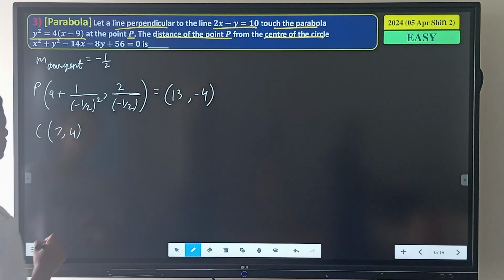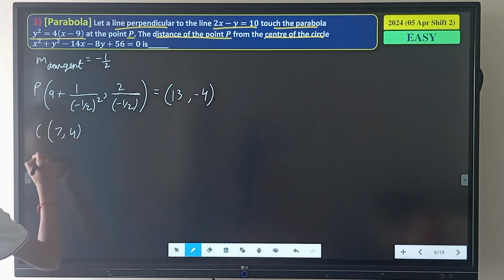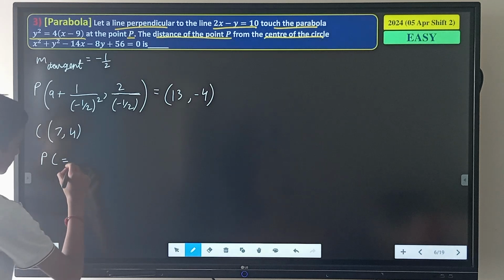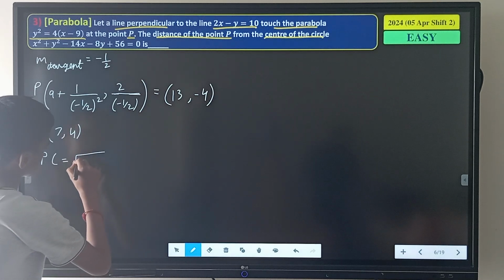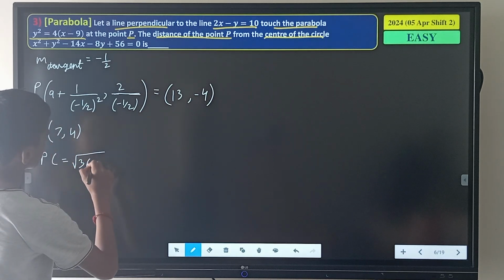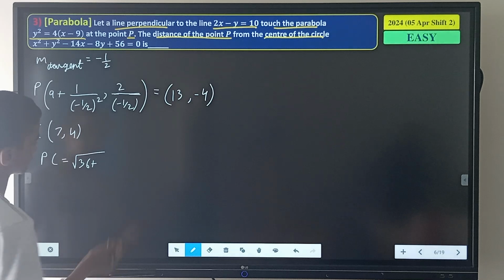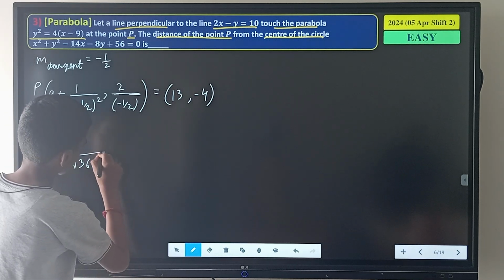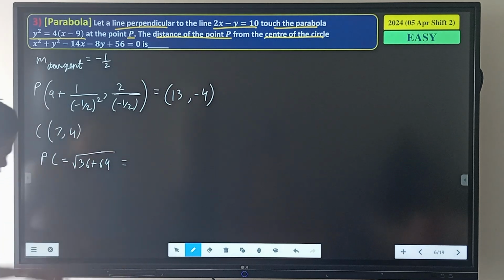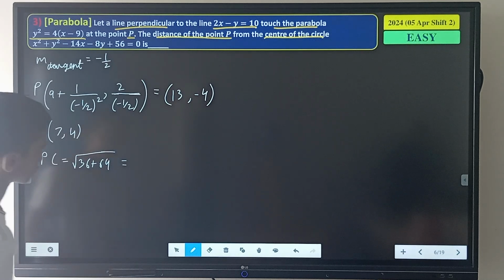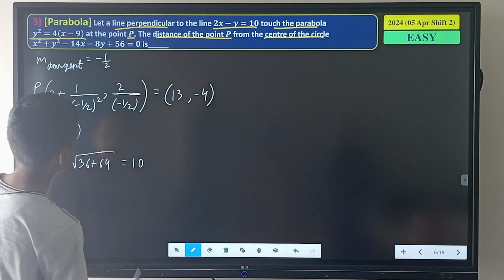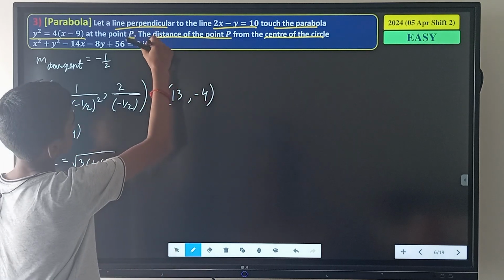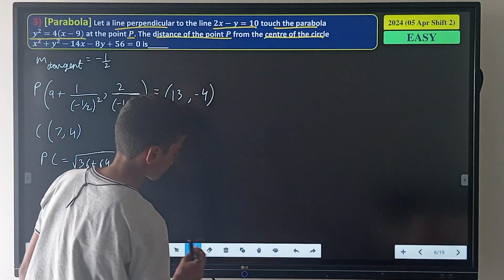So from here our distance between point P and C is equal to under root of 6 square, which is 36, plus 8 square, which is 64. So under root of 36 plus 64 is equal to under root of 100, which is equal to 10. So our answer is 10.